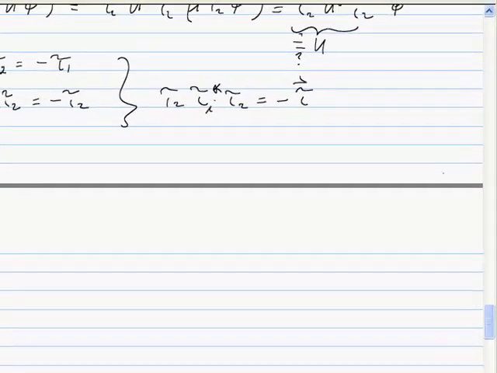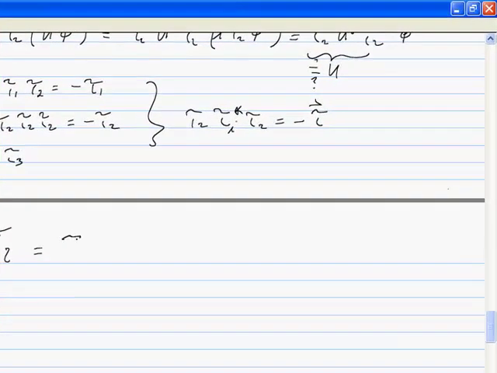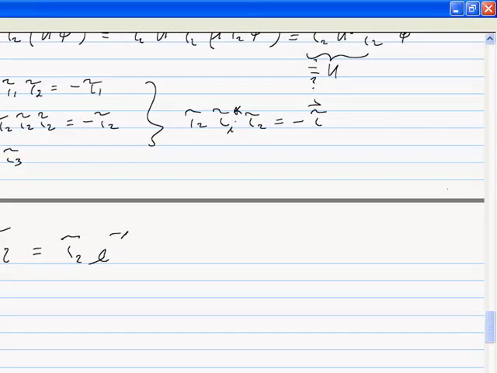Okay. So then tau 2 e to the i alpha dot tau, starred, tau 2 is tau 2 e to the minus i alpha dot tau star tau 2.